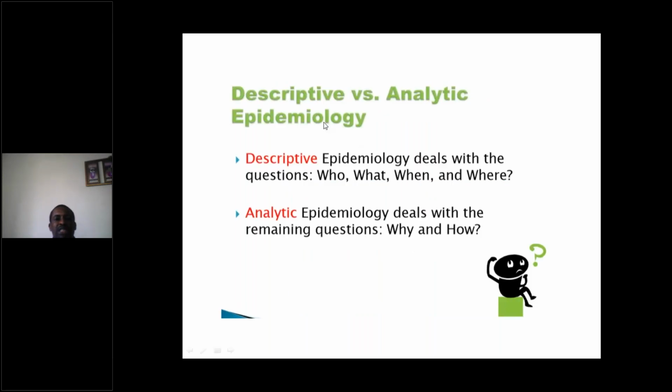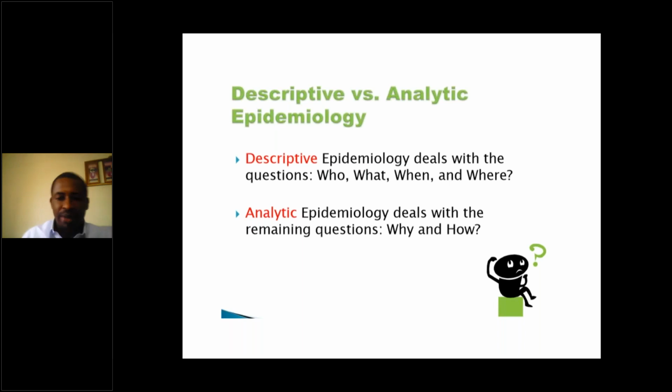We want to look at descriptive versus analytical epidemiology. These are types of epidemiology. Descriptive epidemiology deals with these questions: who, what, when, and where. Take note. Who: which group of people are we looking at?